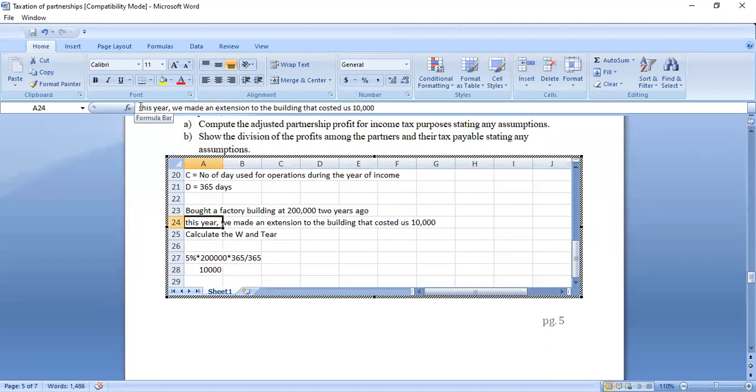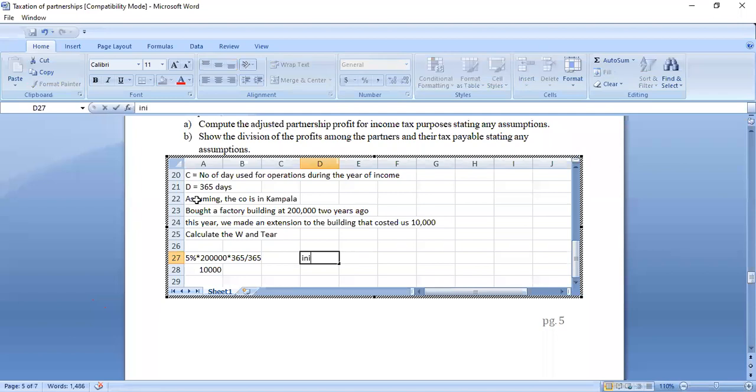Then for the extension, you deal with it differently or separately. The extension is 10,000, but show me the company is in Kampala. So you come and say initial allowance.